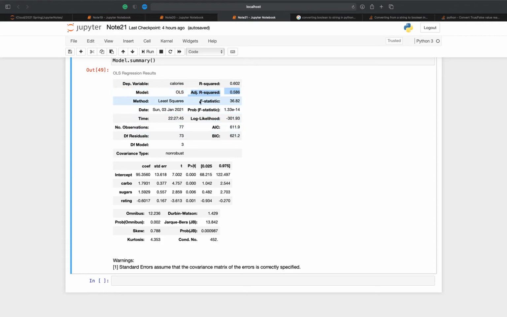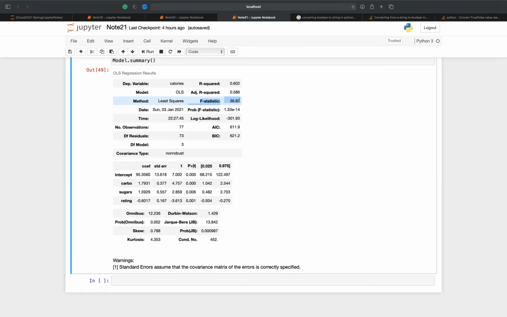Okay, F statistic and T statistic: these are all the statistical tests we are using, like the Z test statistic, T test statistic, and F test statistic. These all measure how significant the fit is.